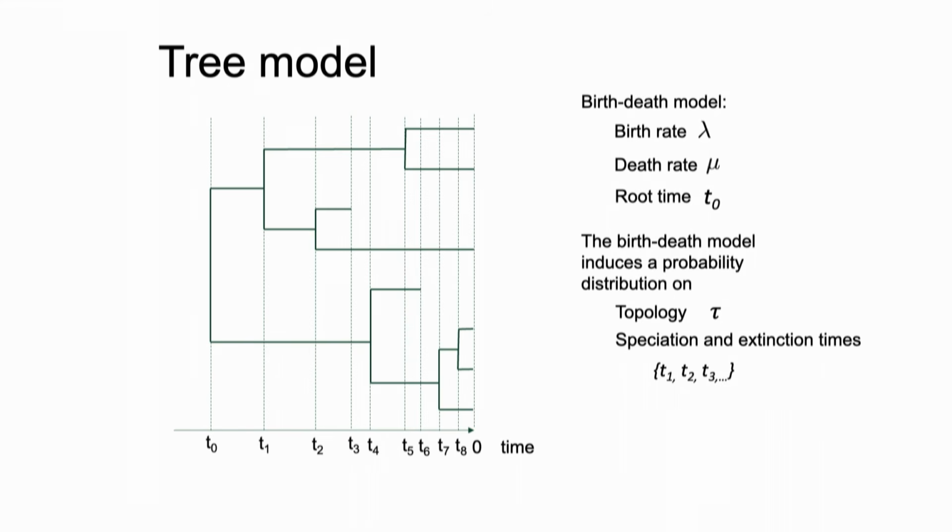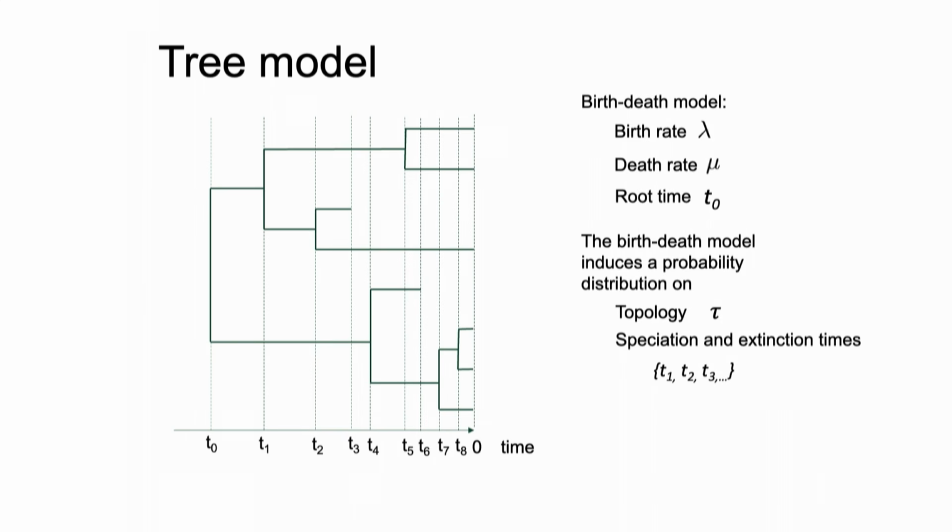Typically with that combination, we can generate a prior probability distribution on the shape of the tree, or the topology, and the speciation and extinction times in that tree. So together they define the tree and the branch lengths in that tree.